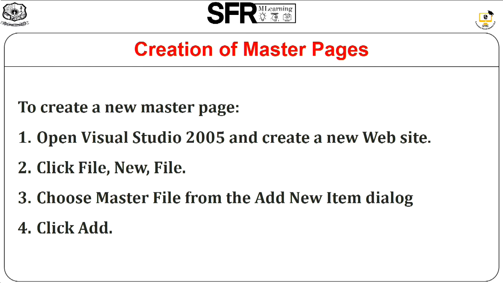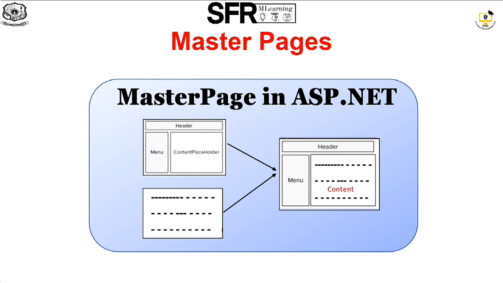Now we have to create a new page in which we are going to use the master page which we created before. Right click on your project in Solution Explorer and select Add New Item. Again we are going to add a new web page. After clicking Add New Item, a dialog box appears and we have to choose web form in that.